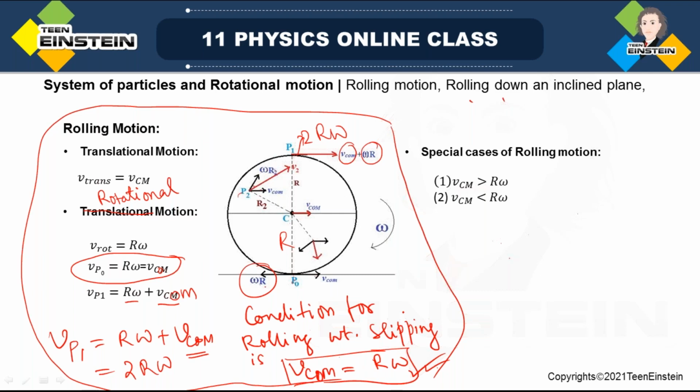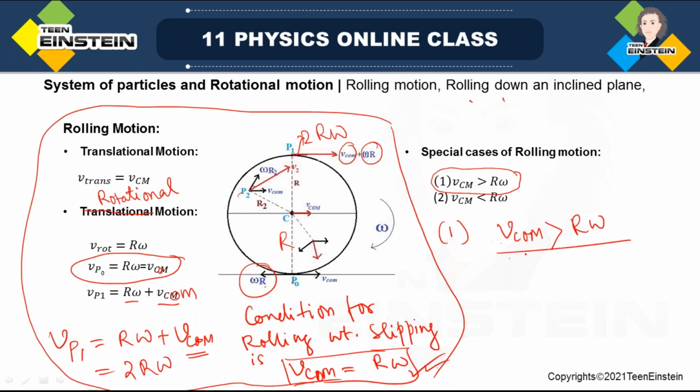Now we can have two special cases of rolling motion. Look, I have written them down. I'll take up the first condition, that VCOM is greater than R omega.